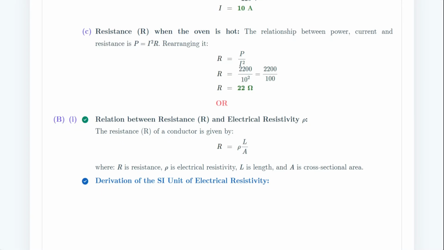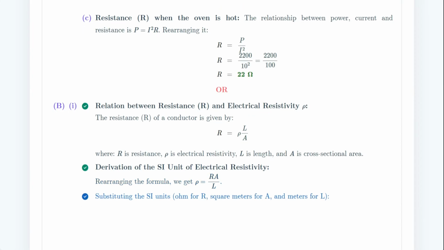To derive the SI unit of this resistivity, let's rearrange our formula to isolate ρ. Multiplying both sides by area and dividing by length, ρ equals resistance times area over length. Now, let's substitute the standard SI units for each of these physical quantities.